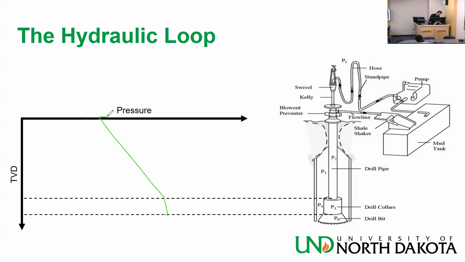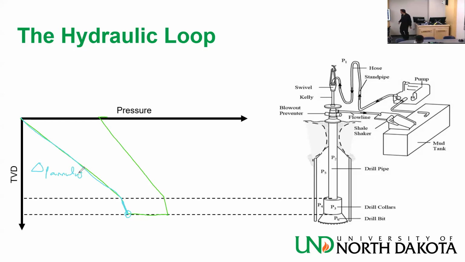ECD is here. This is delta P annulus, okay? The pressure losses to friction.